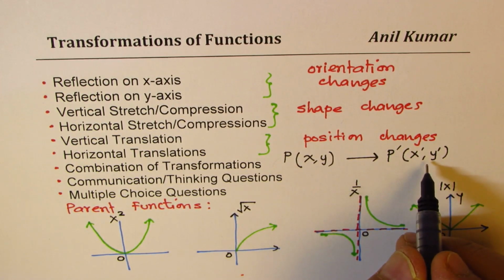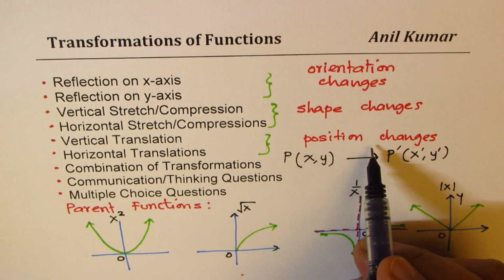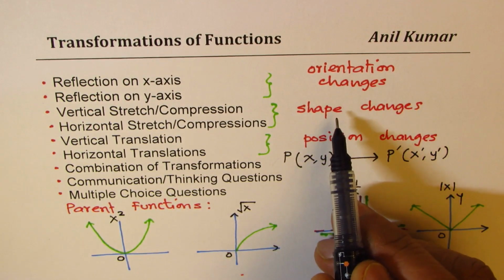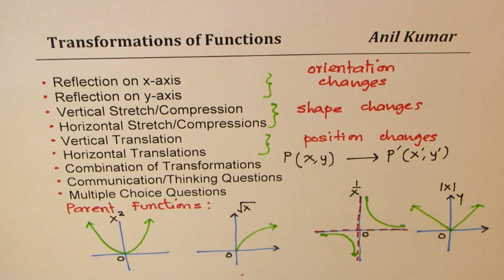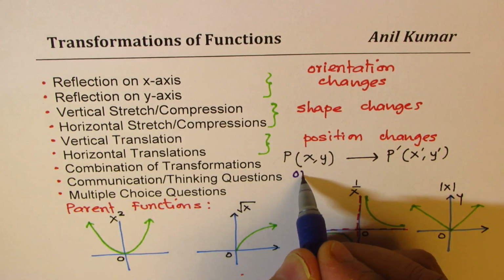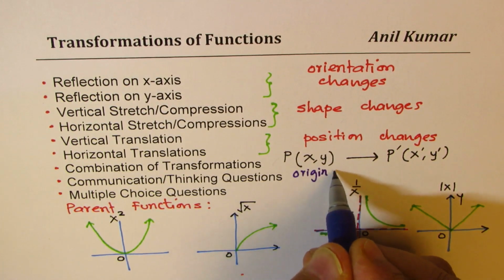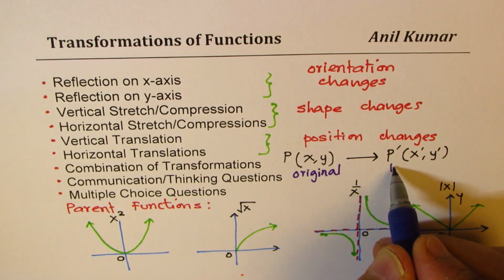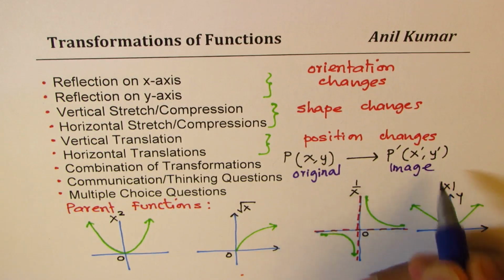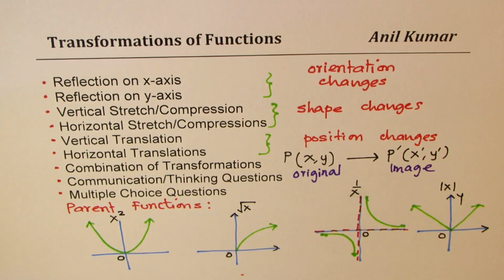How the points change, apart from the graph where orientation, shape or position may change. We'll refer to that point as the original point, and that will be treated as the image. So with this brief description, let us begin and look into these transformations one by one.